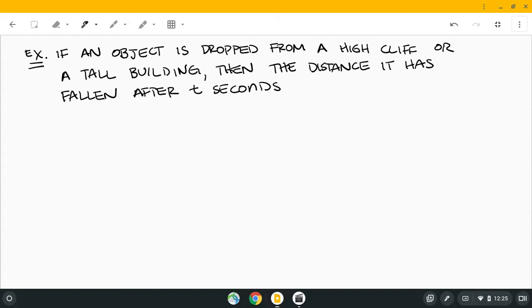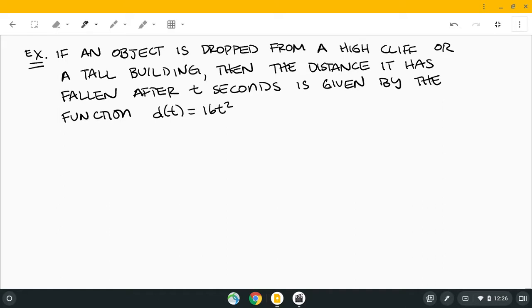After another 5 seconds, it's fallen a certain distance, etc. Okay, so the distance it has fallen after t seconds is given by the function d of t equals 16t squared.